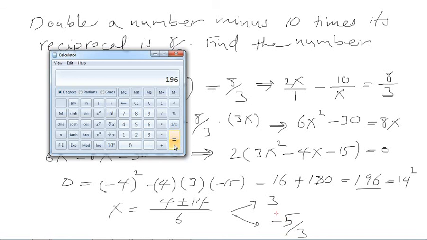As you can see, none of these two solutions cause a zero denominator. I only have a denominator x here, and none of these solutions cause a zero denominator. So both of them are accepted.